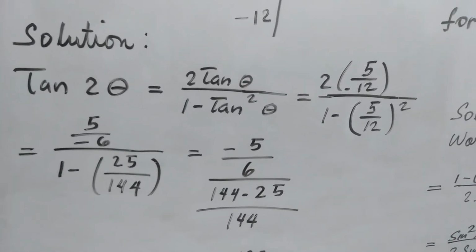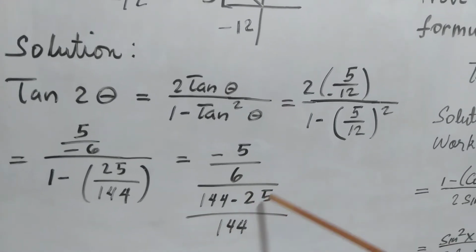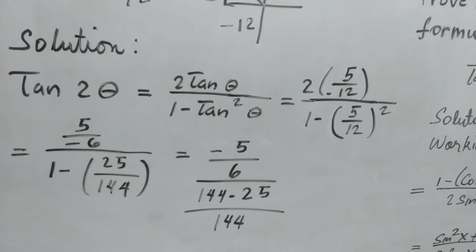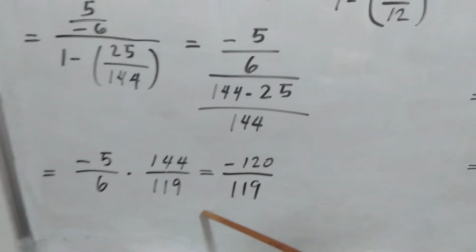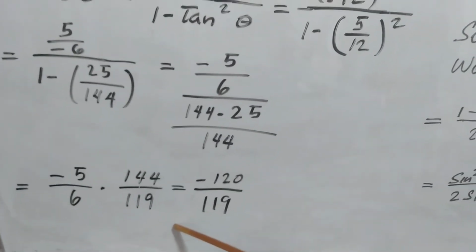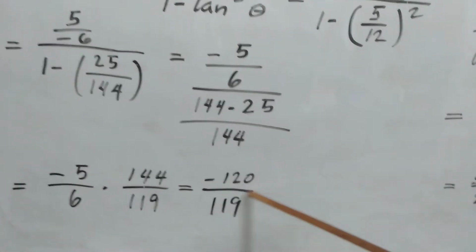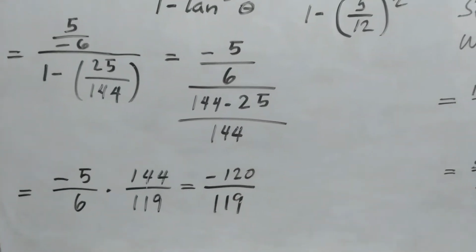To multiply it by the multiplicative inverse of the denominator, that will become negative 5 over 6 times 144 over 119. So 24 times negative 5 is negative 120 over 119. So this is our final answer.